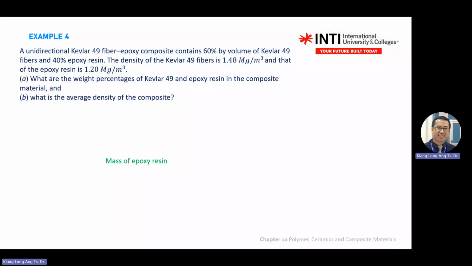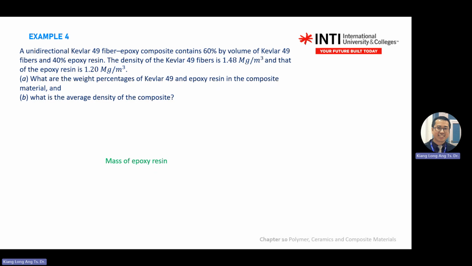Okay, example 4. You are making Kevlar for armor and similar things. Unidirectional Kevlar 49 fiber composite contains 60% volume of Kevlar fiber and 40% epoxy resin.